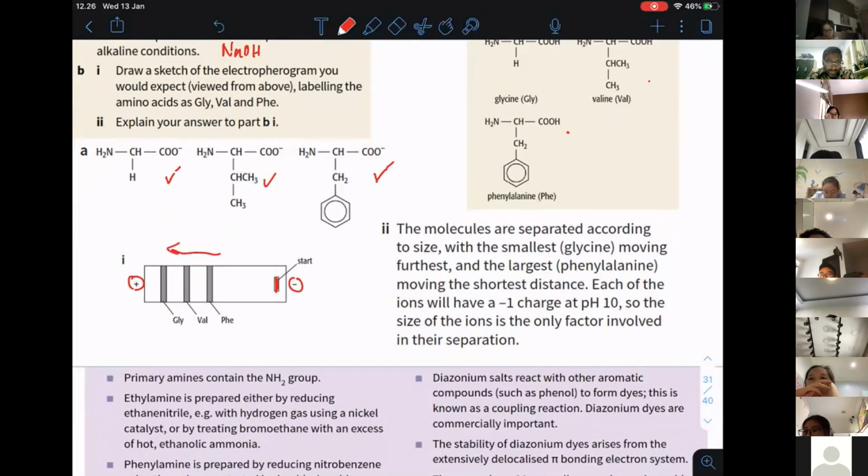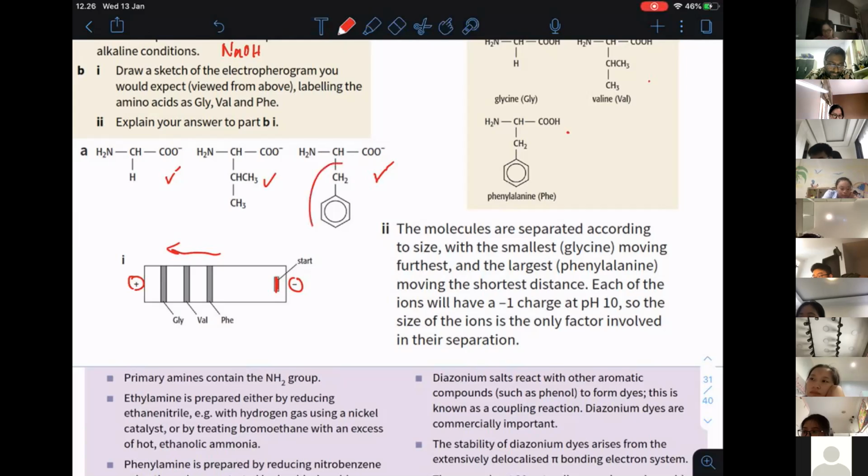But which one is going to move further, which one is not so far, depends on the size and the charge, and all of them have the same charge over here. So it means it has to do with the size.